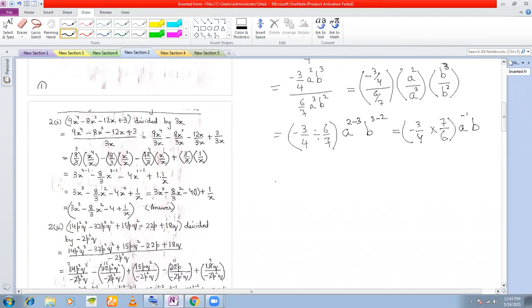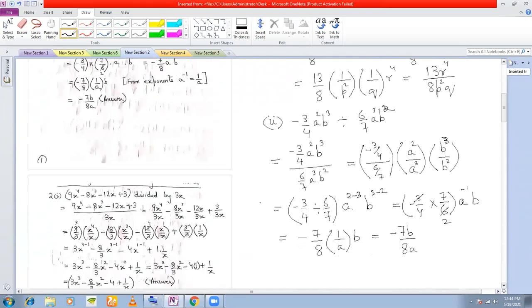Okay. So now if you see here, 3 will cancel here. So you get minus 7 by 8. And a to the power of minus 1 can be written as 1 by a. And this b you write as it is. So what you get here is minus 7b by 8a. And that's your answer.